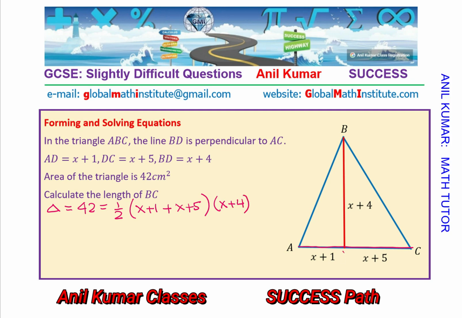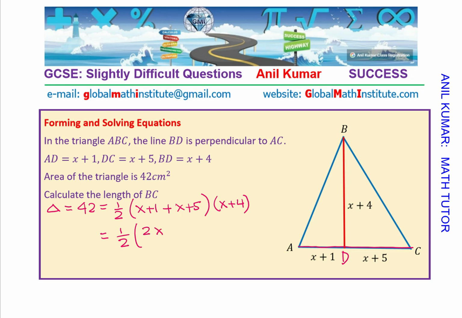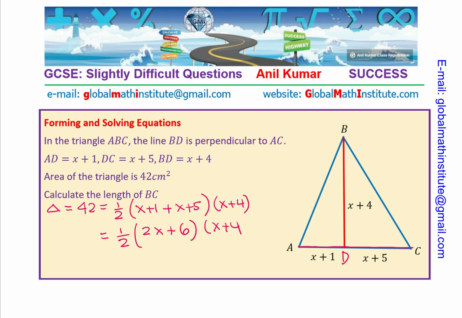So we've taken this BD. Makes sense. So now we could write this as half of x plus 1 and x plus 5, add them, you get 2x plus 6, times x plus 4 equals 42.